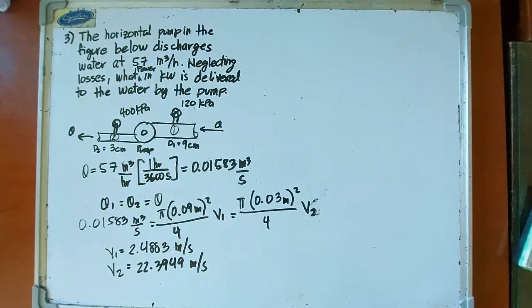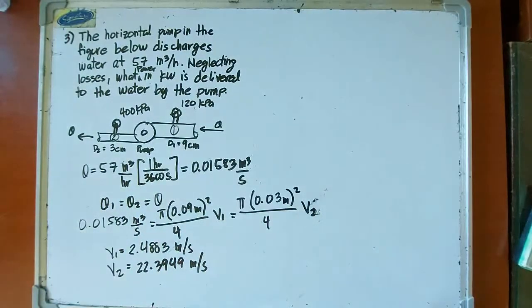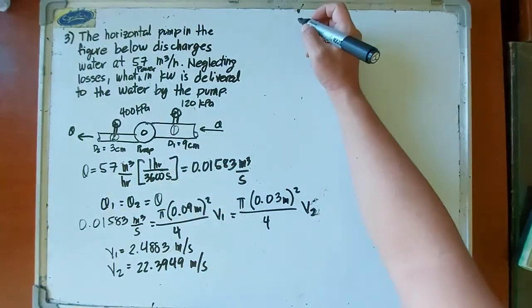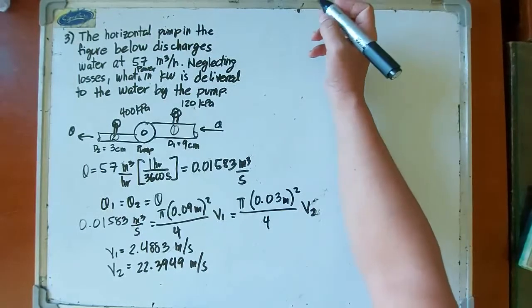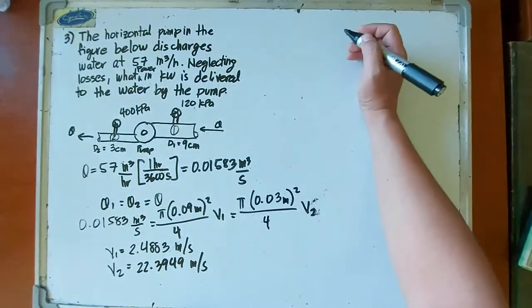Then we can now apply the energy equation from 1 to 2, since we already know the pressures at gauges 1 and 2. We also know the velocities at points 1 and 2. Then we can apply the Bernoulli's energy equation. Now in this case we have a pump, no? Ano bang equation natin kapag may pump? So pag meron tayong pump, so pump adds energy in the system.